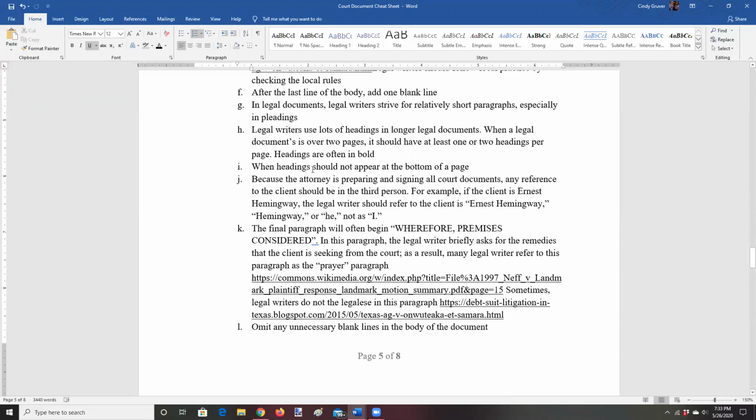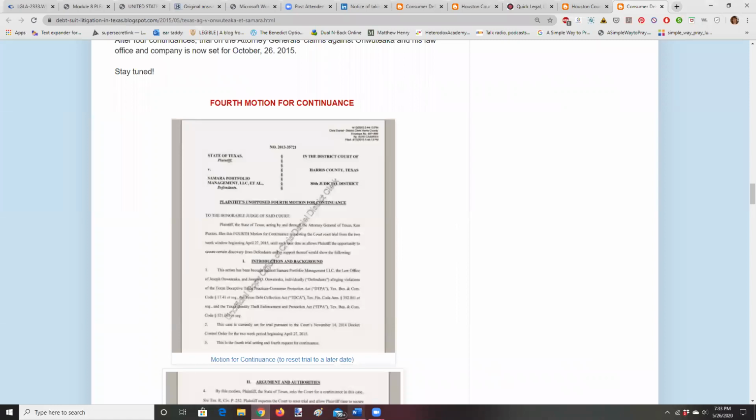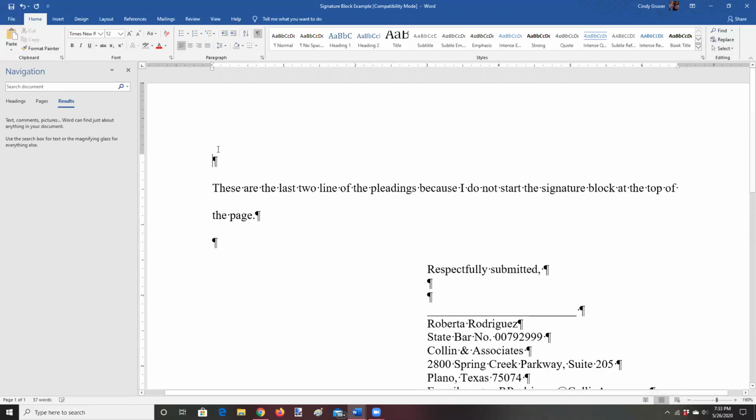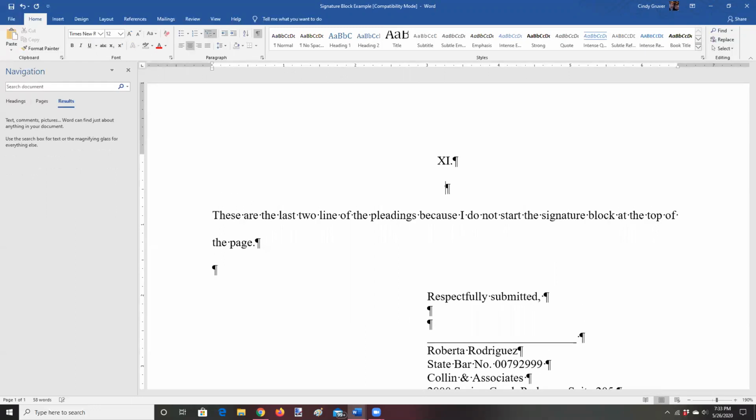And so you don't want to end a page with a heading. If you find that you are in that situation, let me just give an example of that. So let me just say we'll say we're up to paragraph 10, and we're going to say prayer for relief.